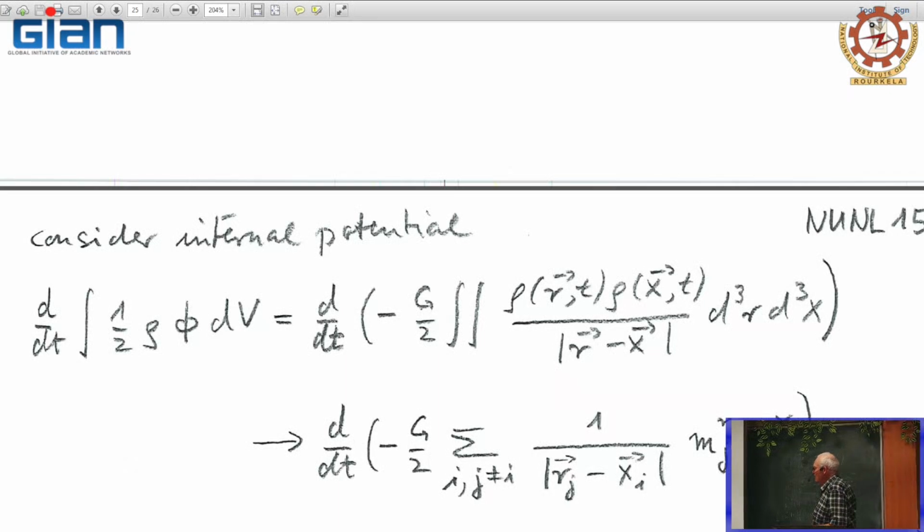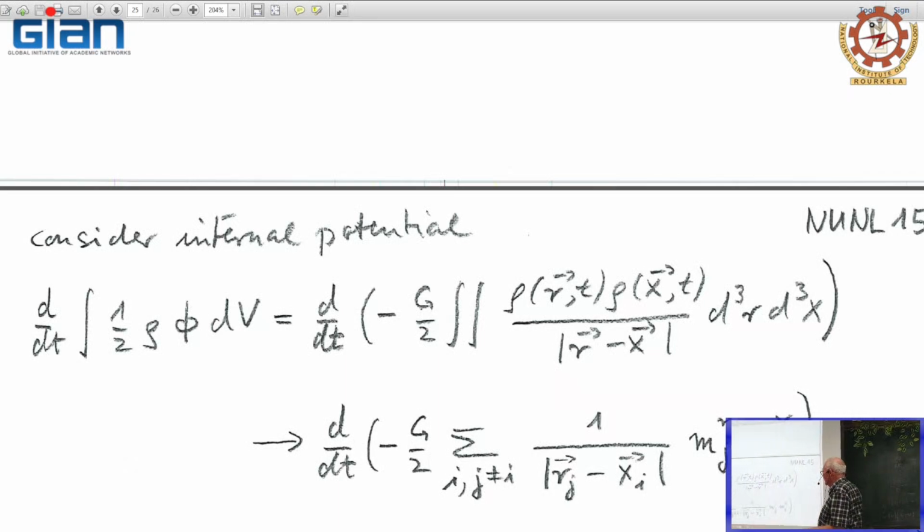Now we write the integration in terms of summing up over the masses. So these integrals are now written as the sum over m_j m_i times 1 over the modulus of the difference between the position vectors r and x at the various nodes.